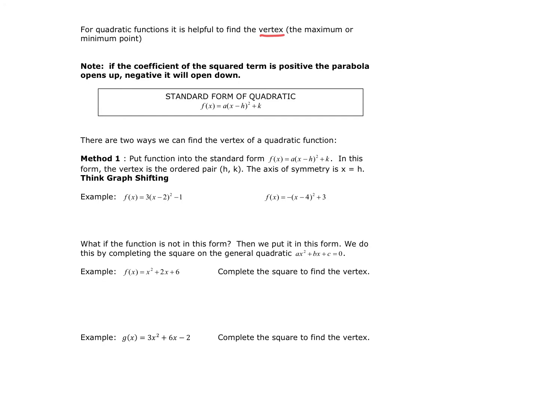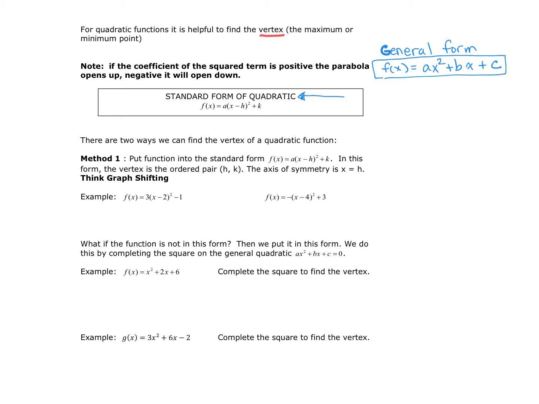So we have what's called the general form of a quadratic that you're probably used to working with. And that is f of x equals ax squared plus bx plus c. And this is useful for us if we want to factor or do other things, but if we put it in the standard form, which is in this box here, we can look at the equation and find our vertex.